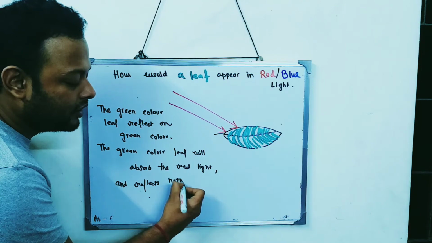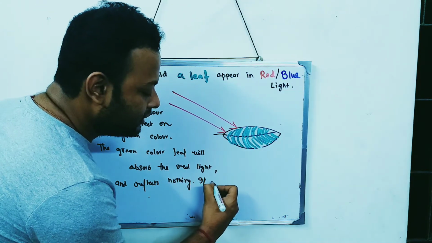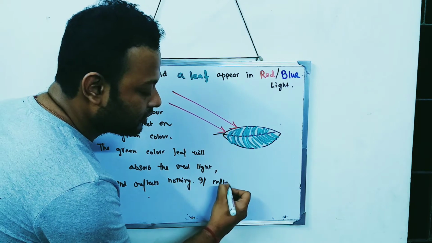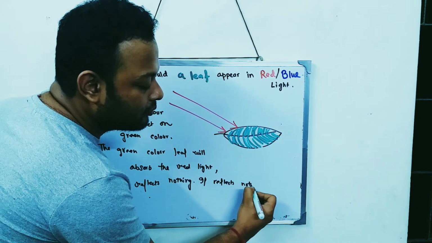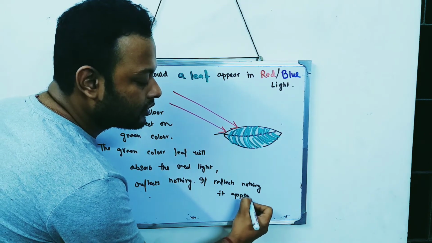If it reflects nothing, then it appears black.